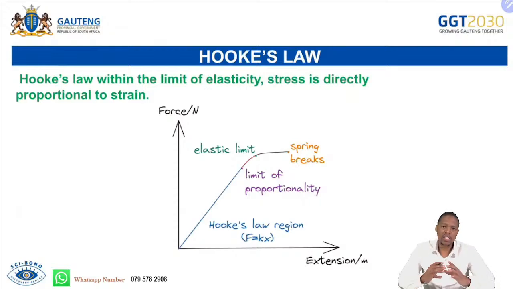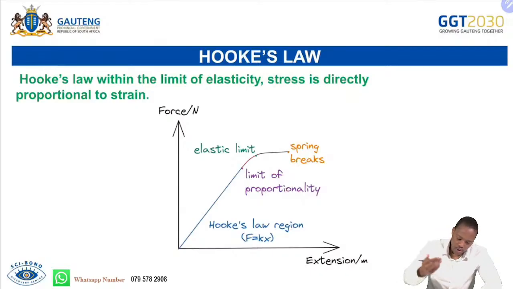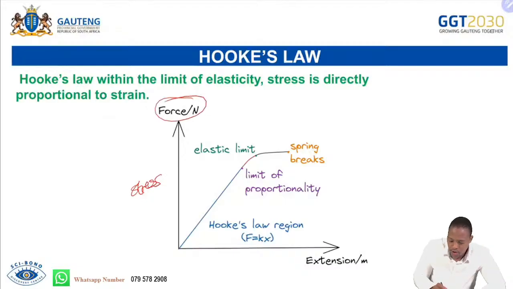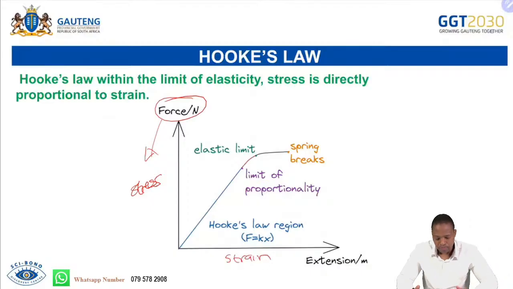Was it getting more strained the more it was stressed? So if maybe you have a material here, and you have stress here, because the force in Newton will cause stress, right? And then the extension here, that is the same as saying strain. So let's write it as strain here.